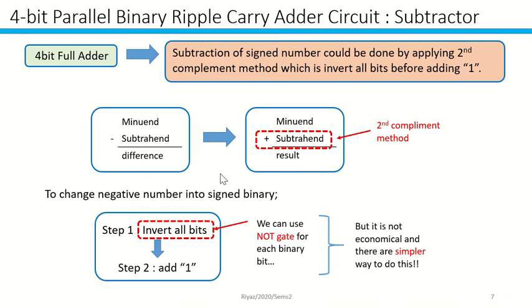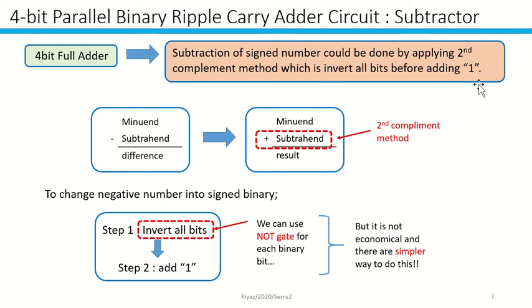So now we're going to go for the next step. All this while we did the addition, how about we go for the subtraction? With this particular 4-bit full adder, you can do subtraction of a signed number by applying the second complement method, which is inverting all the bits before adding 1. So we can recall our topics before.